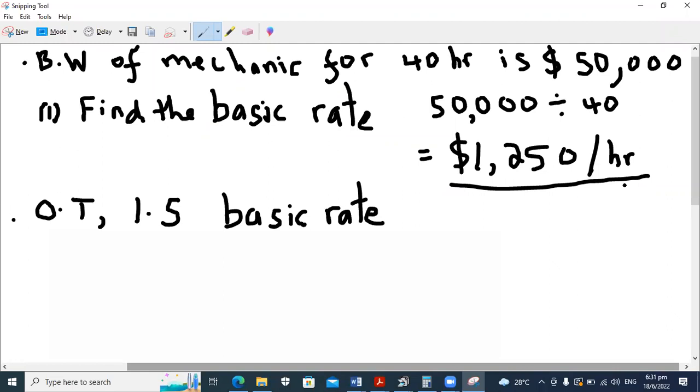But because we're doing overtime, they put some more money on it, because we're robbing you of your family time and time that you could spend resting. The question says, calculate overtime for 10 hours. How would you do that?